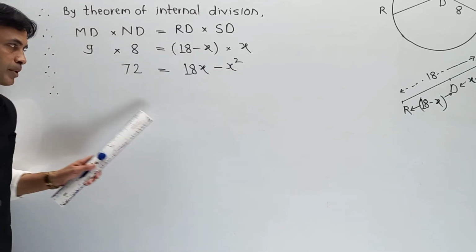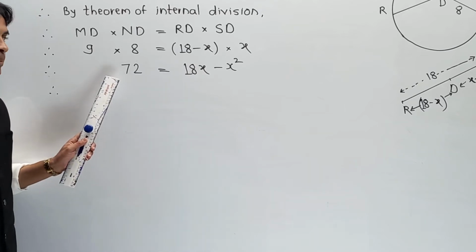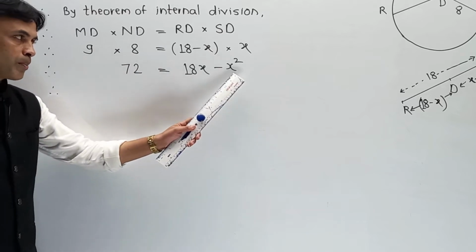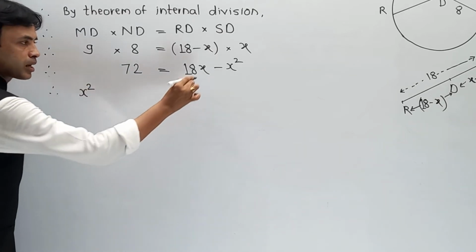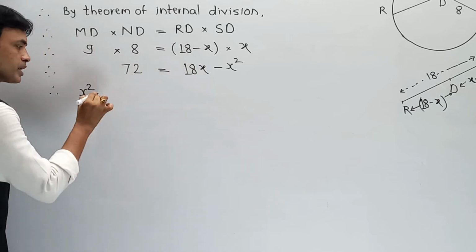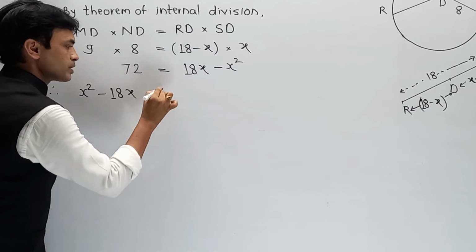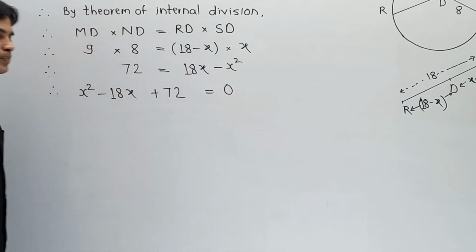Minus X square comes to this side as plus X square, 18X comes to this side as minus 18X, and 72 is already positive. And there is no value on the other side, meaning equal to 0.